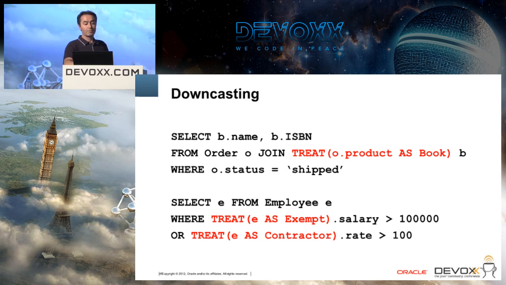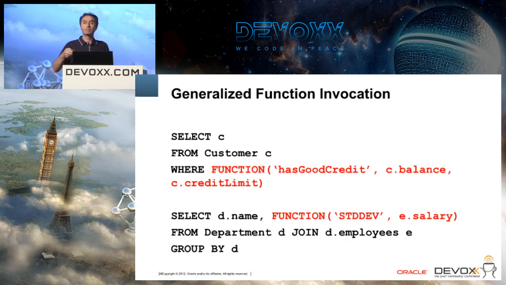Or if we can see from their discriminator column that they're a contractor, I want to look at the rate. So this actually makes sense. I think the syntax is really interesting here, where they have the dot notation on the treat, because it reads, again, more like a cast. But this lets you filter down and focus on subsets of data, which is a really useful feature.